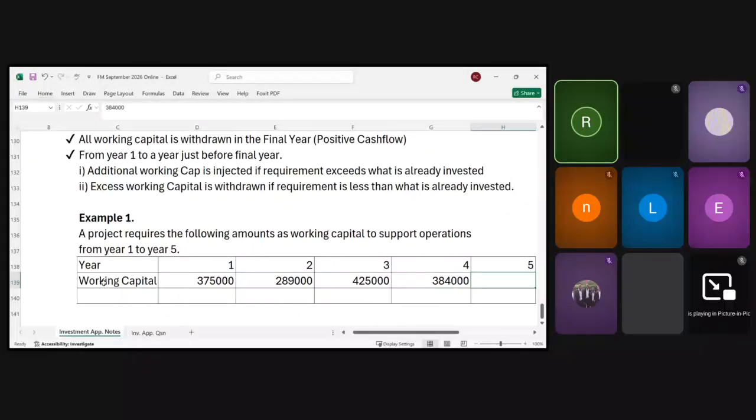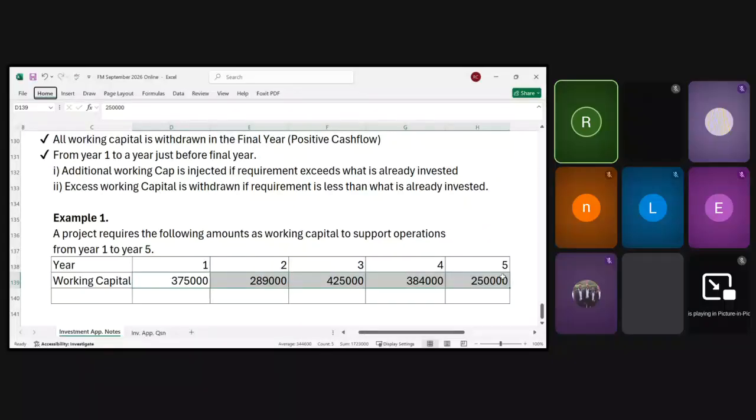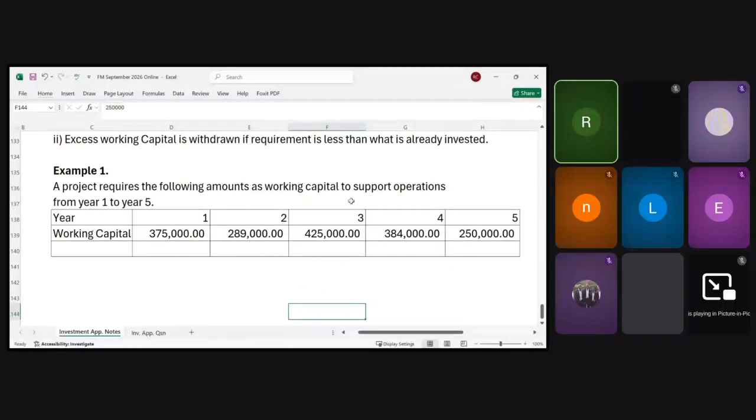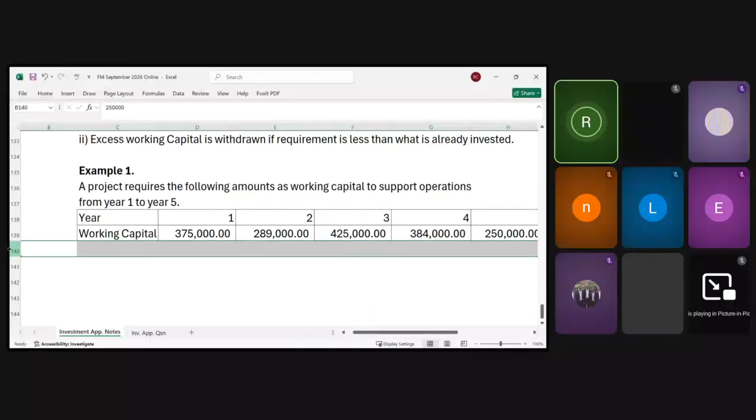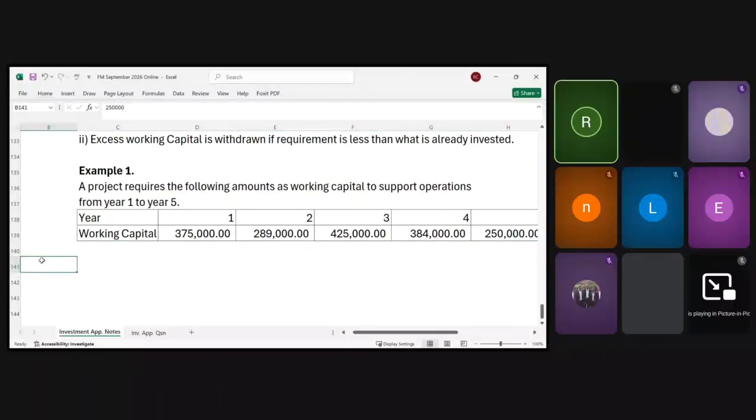In year 5, probably my project is about to end, I only require 250,000. So these are the working capitals that I require for my project to run smoothly, from year 1 to the final year. In most cases, the requirement is easy to identify. But what is required now is my working capital movement.